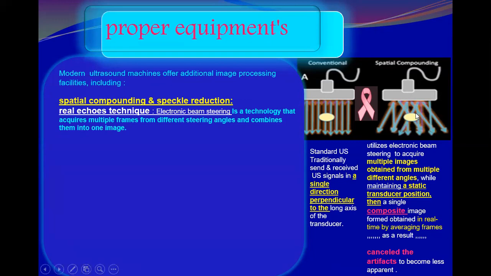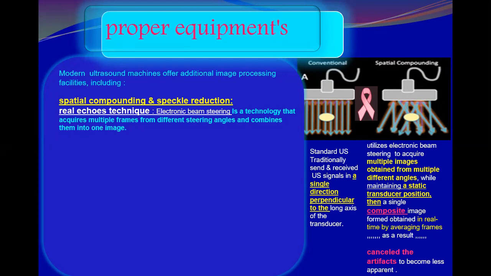These images are not because we are moving the transducer. The transducer itself has the capability of sending and receiving multiple imaging frames from different angles, then a single composite image in real time is obtained by averaging these frames.